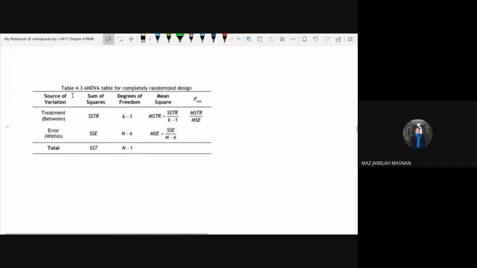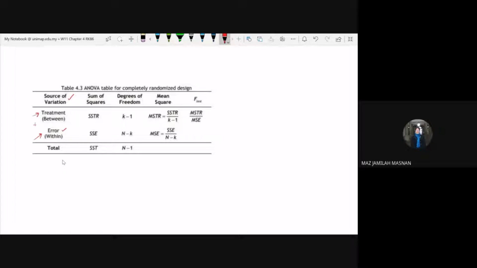Your first column would be the source of variation, and we know that our source of variation comes from between the groups, which comes from our treatment, and it also comes from within-group variation, also known as our error. Adding these two, we get our total variation.